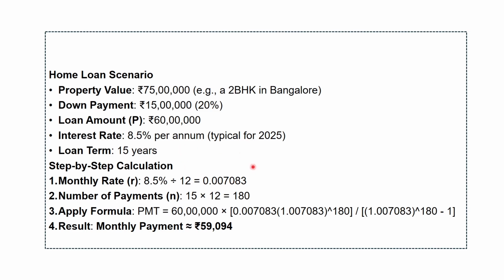One common mistake we have seen is that sometimes the annual rate is taken directly, and we have to remember that first it has to be converted into a monthly rate, and then the number of payments is equal to the years into 12. So, 15 into 12 is 180.